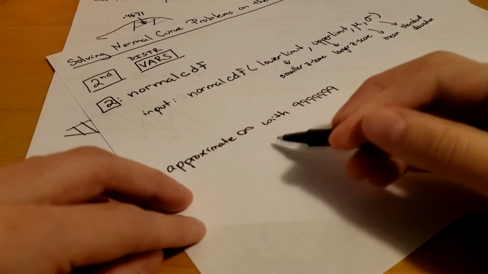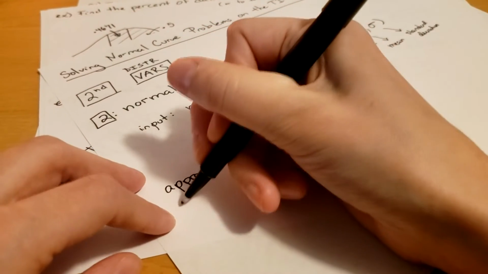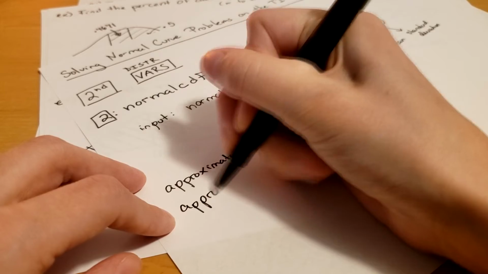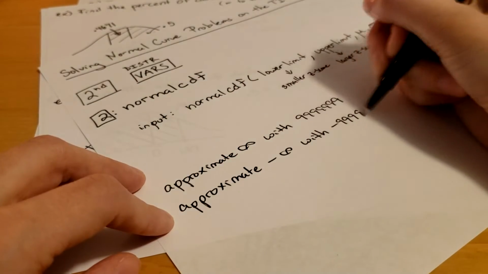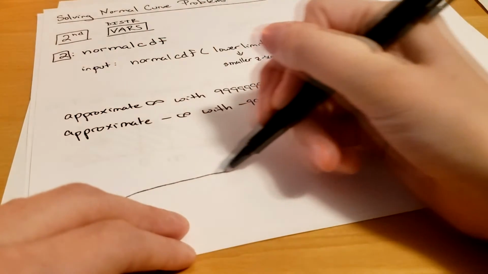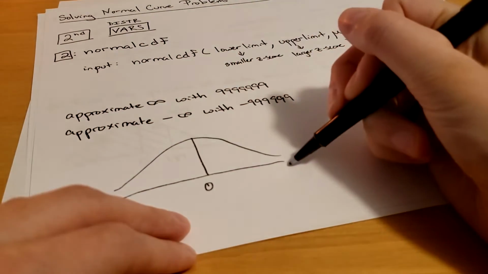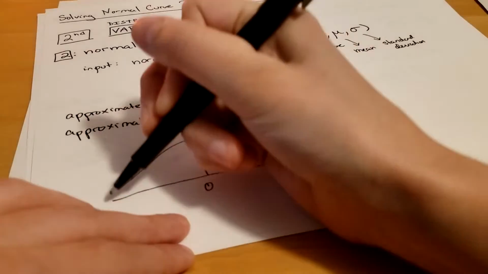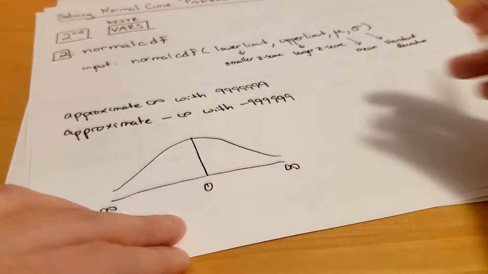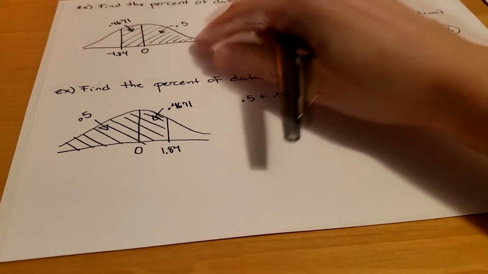You're going to approximate positive infinity with a lot of 9s, and negative infinity with a lot of negative 9s, as many as you can fit in. This is for situations where you have positive infinity in one direction and negative infinity in the other.